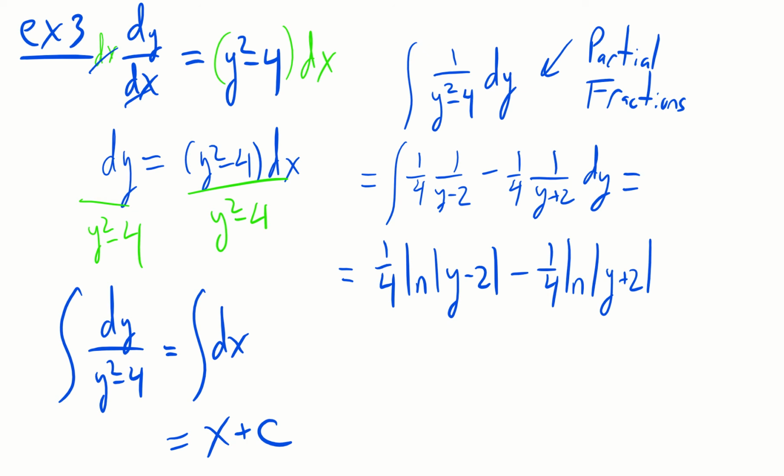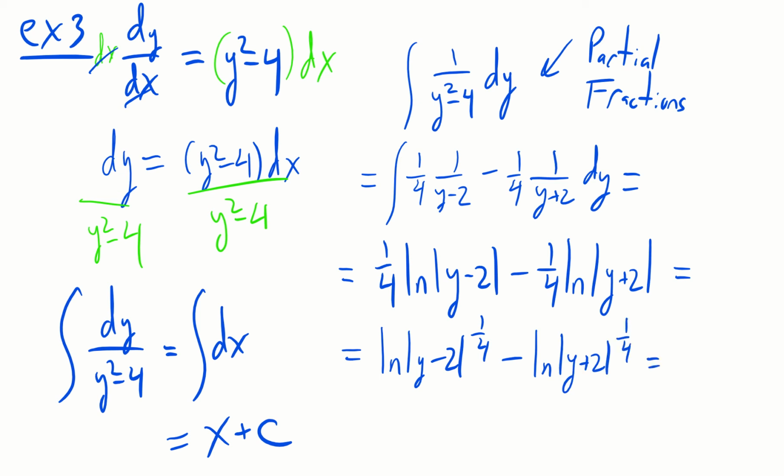Actually, before we even plug that in, let's simplify this quite a bit. We could bring the exponent on to the inside using properties of logs. This would be the ln of the absolute value of y minus 2 to the 1/4 power, minus the ln of the absolute value of y plus 2 to the 1/4 power.